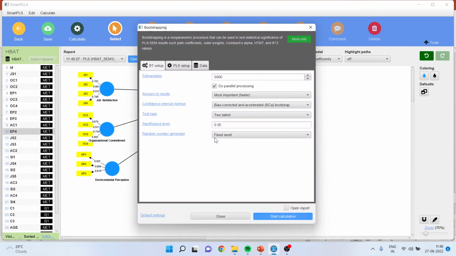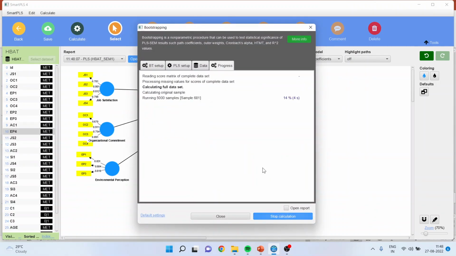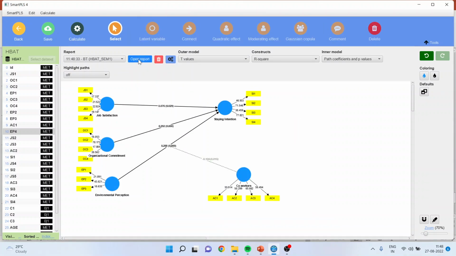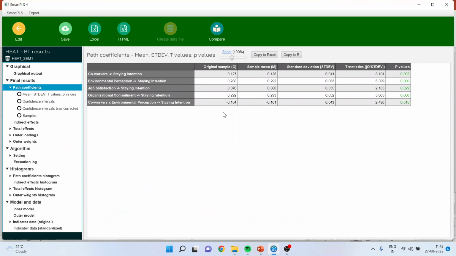That is much better to get the p-values also. Open the report, path coefficients. You will have to see these two values, 1 and 2. They are significant, which we had seen earlier.